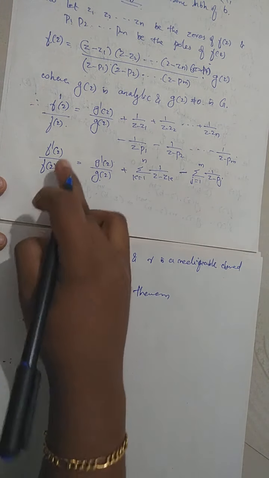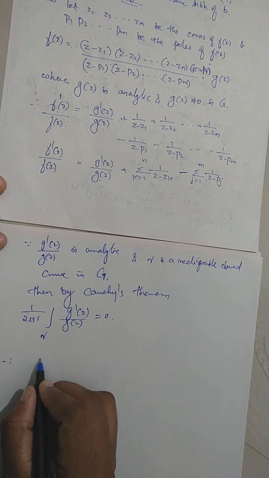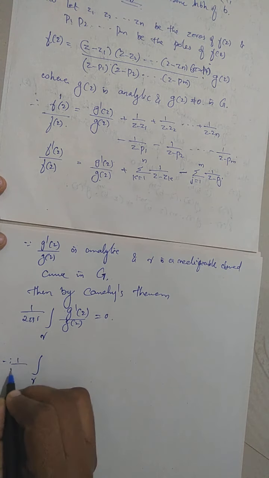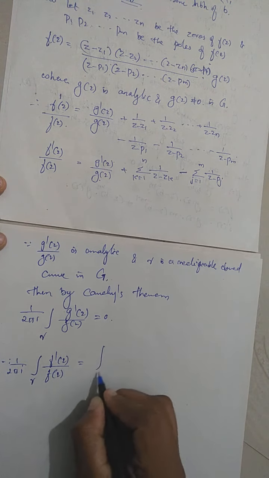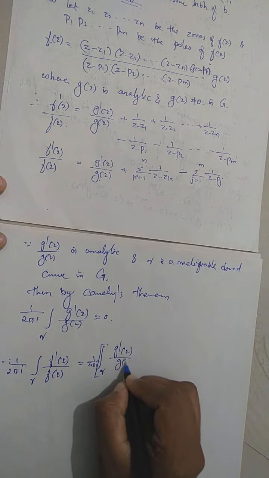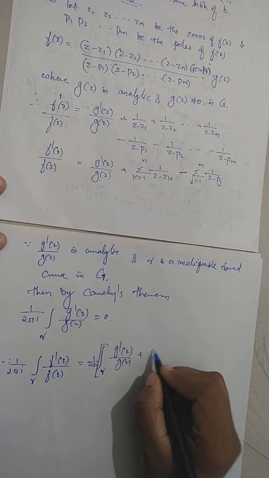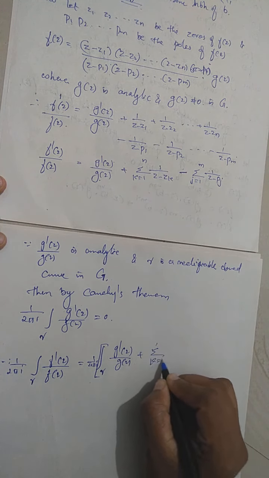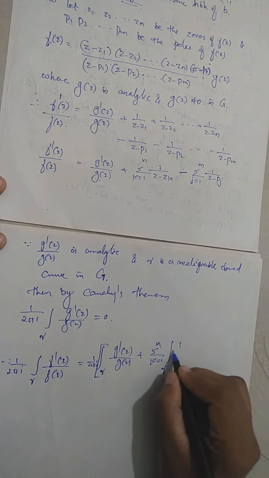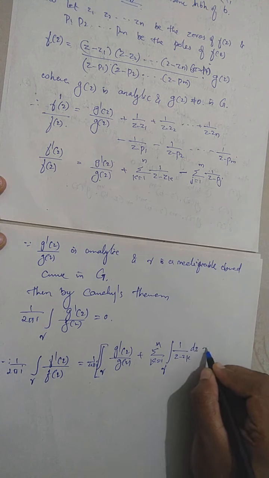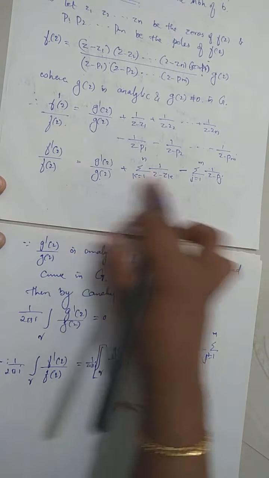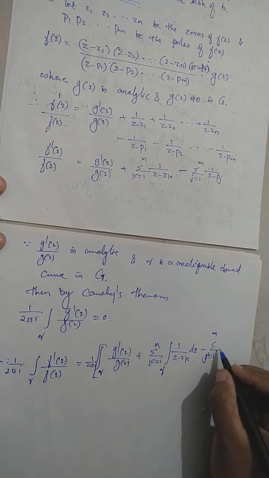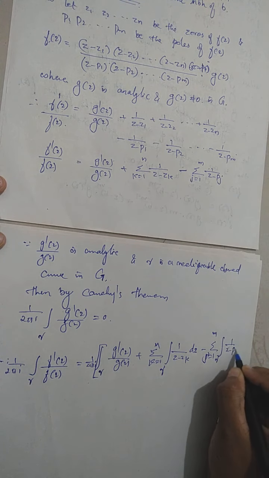Therefore, what will happen to F dash Z by Fz when you integrate that function? 1 by 2 pi I times the integral over gamma of F dash Z by Fz is of the form 1 by 2 pi I integral over gamma G dash Z by Gz plus sigma k equal to 1 to n integral over gamma 1 by Z minus Zk dz minus sigma j equal to 1 to m integral over gamma 1 by Z minus Pj. We are integrating with respect to gamma on both sides and multiplying by 1 by 2 pi I.